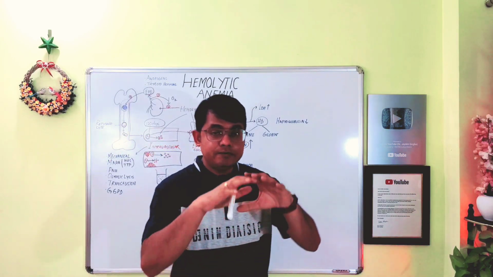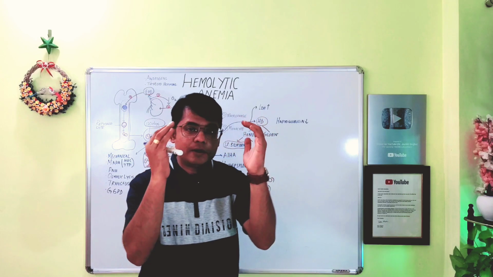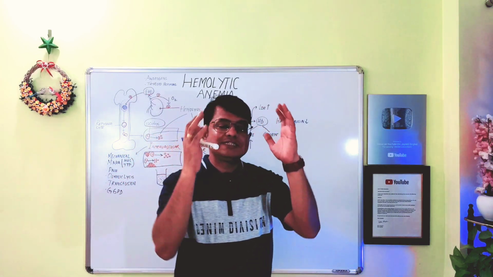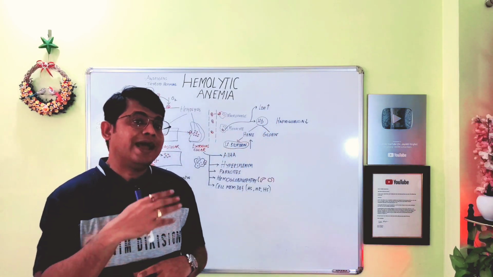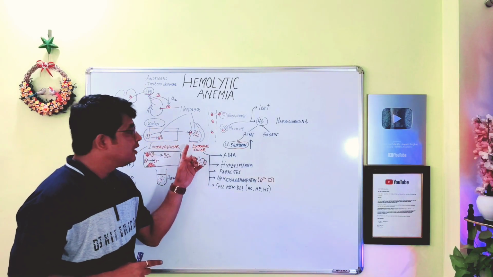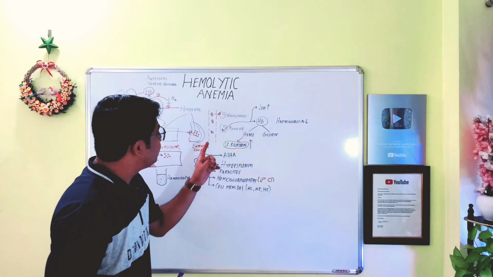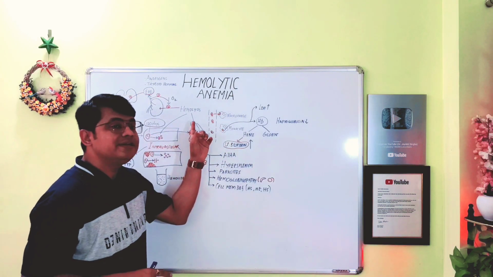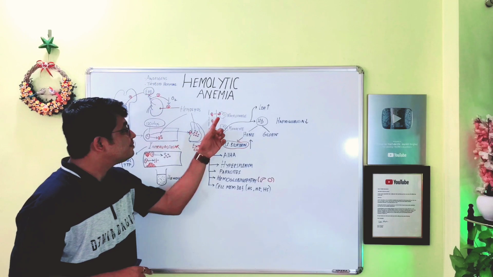That means it forms a layer of antibody on the surface of RBCs, and those antibody coated RBCs can easily be trapped by the macrophages within the reticuloendothelial system.